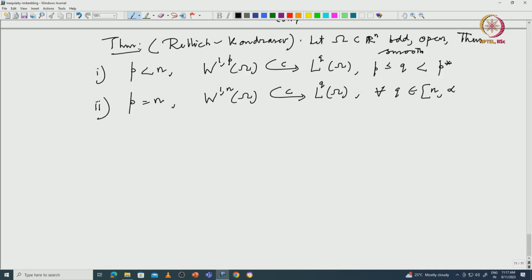Of course, at infinity you do not even have the continuous embedding, so you cannot expect the compact embedding. 3: when p greater than n, you have W1p of omega compactly embedded in C of omega bar. So, the non-trivial part of the proof is only for 1, and the proof for 2 can be easily deduced from the proof for 1. That is not difficult.